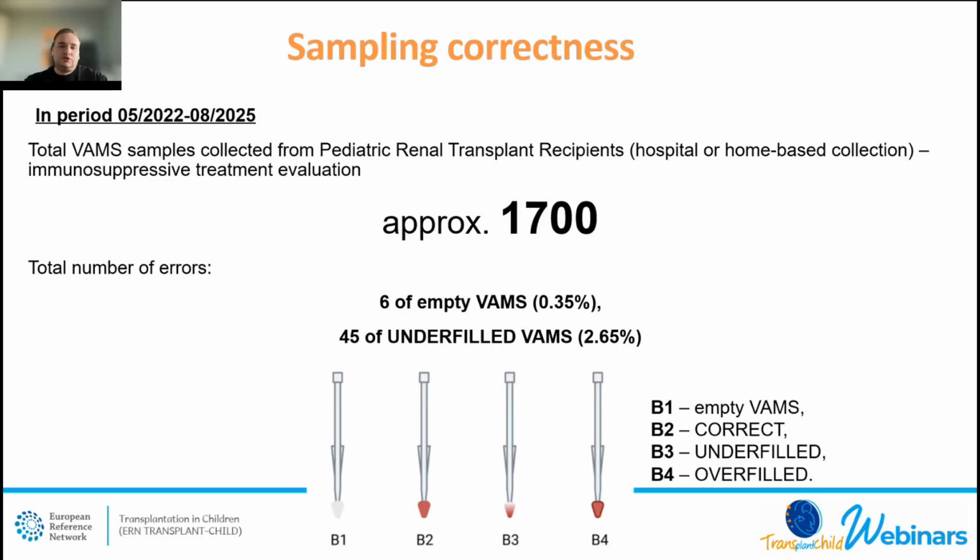And I would like to show the correctness of sampling in our patients. To date, approximately 1,700 samples were collected, and we found 6 empty VAMS, so patients did not collect the samples, and 45 underfilled VAMS. The tip should be red, fully loaded with blood.